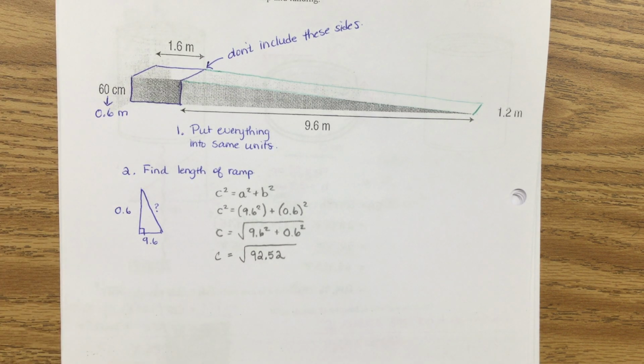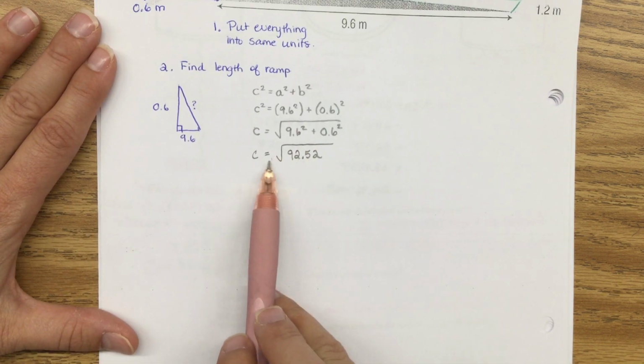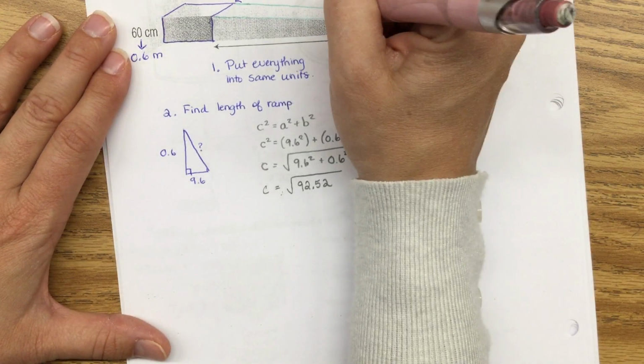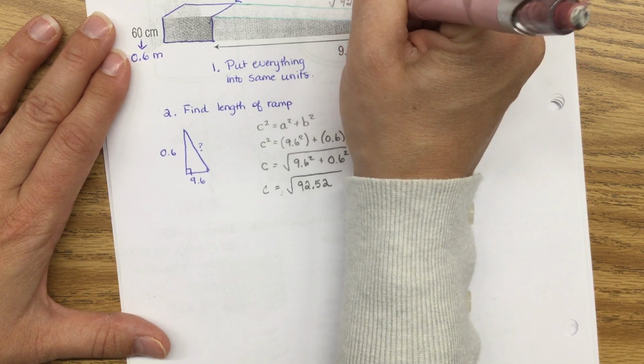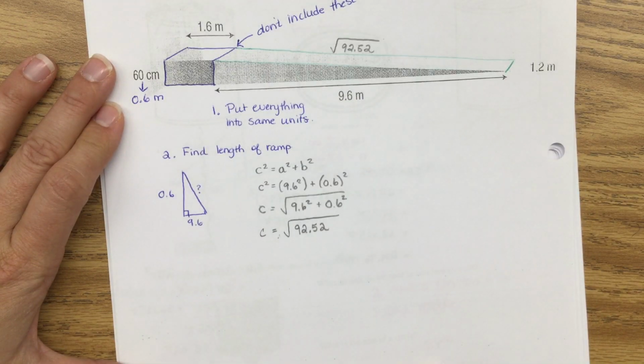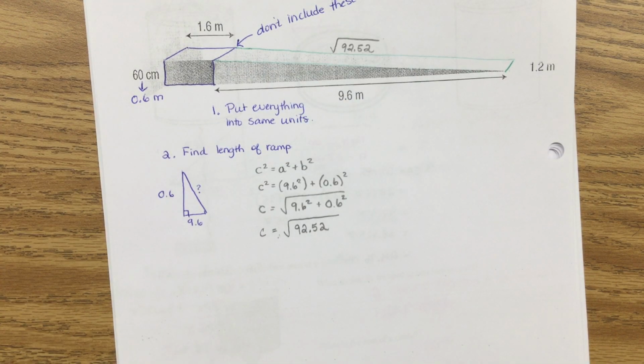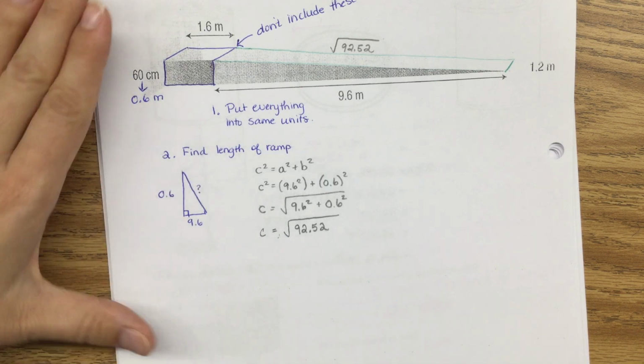The more rounding we do early on in an equation, the more mistakes that can happen. So now we know that this is the root of 92.52.